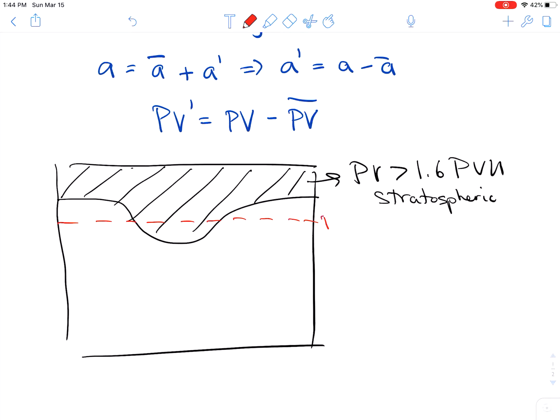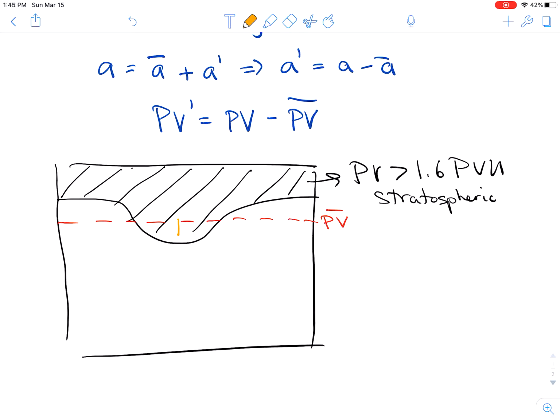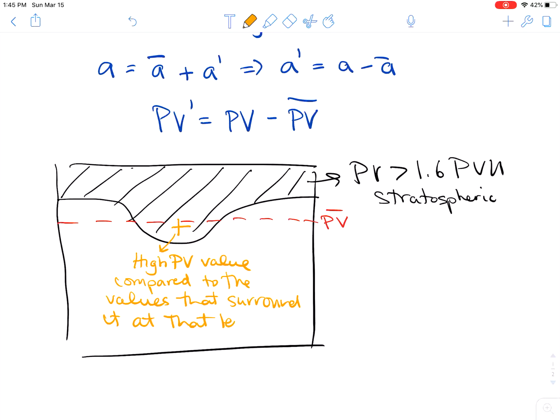If we were to come up with the average value of PV at that level, we would then be able to indicate that we have a positive PV anomaly here, where we put our orange plus sign, such that this area has a higher PV value compared to the values that surround it at that level.